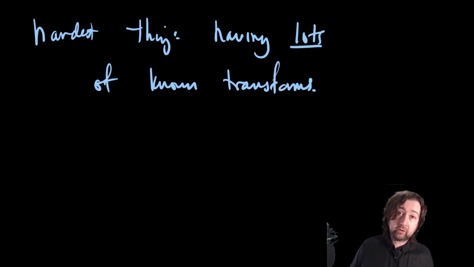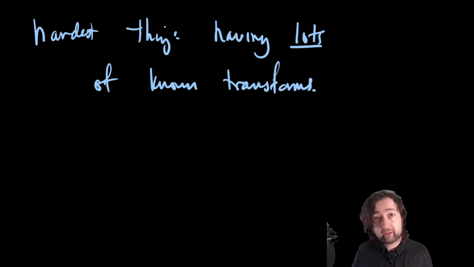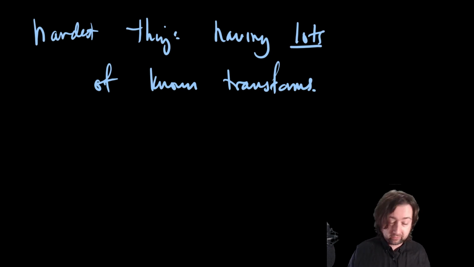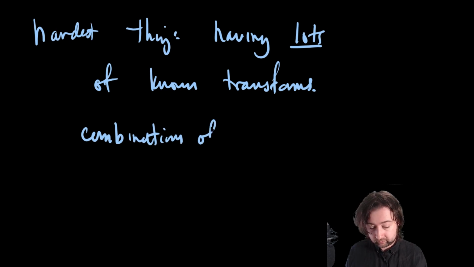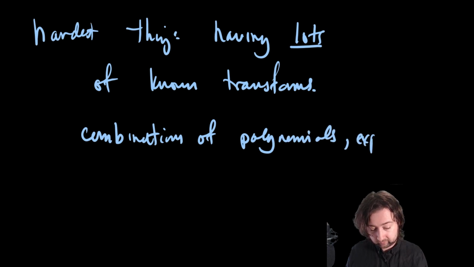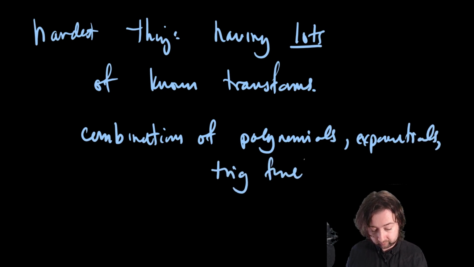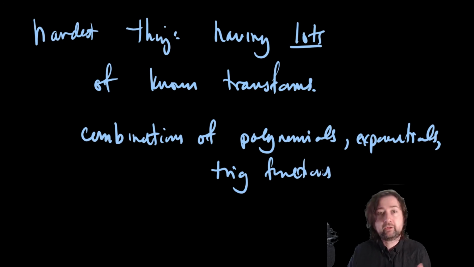Ideally, we'd be able to work with all kinds of combinations of polynomials, exponentials, and trig functions, because those are the sorts of things that come up when we're doing ordinary differential equations.